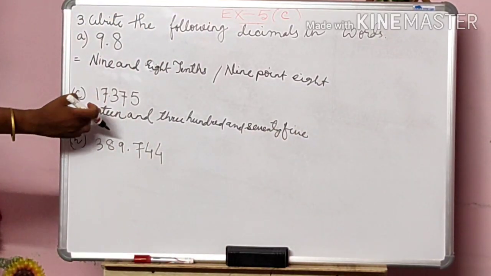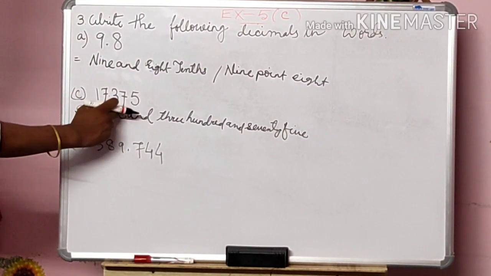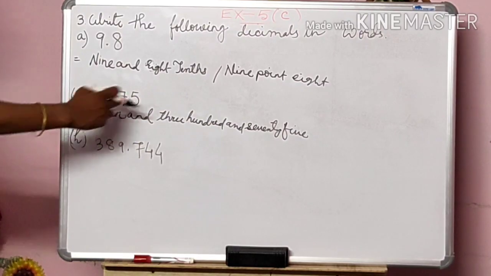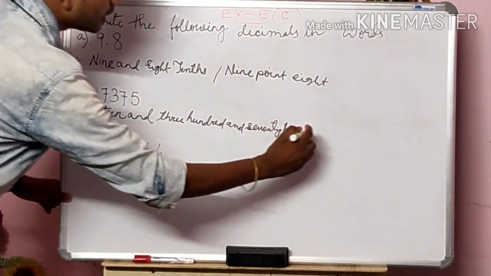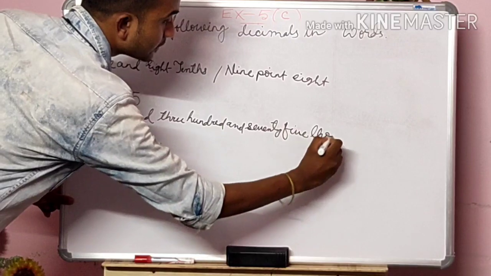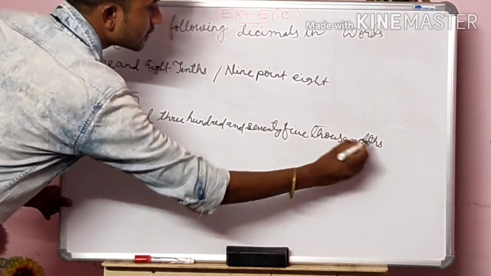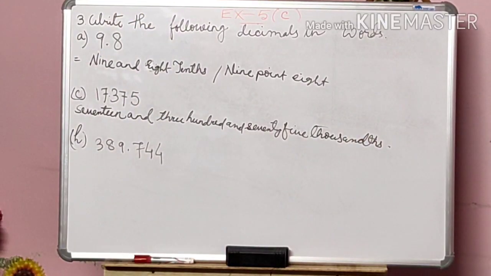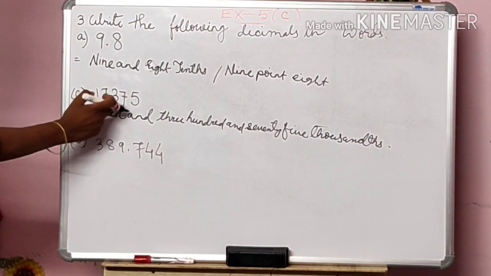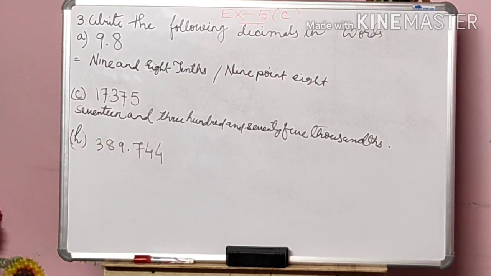You see which place is the last one? Tenths, hundredths and thousandths. So we have to write 375 thousandths. Or it can be simply written as I said, 17.375. In both ways you can write.